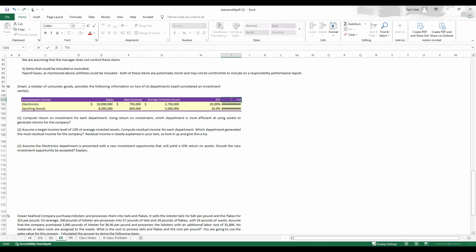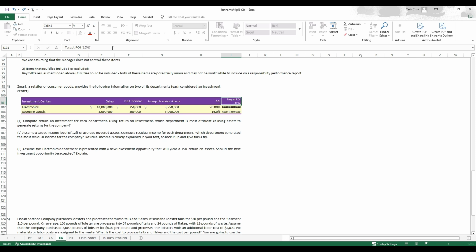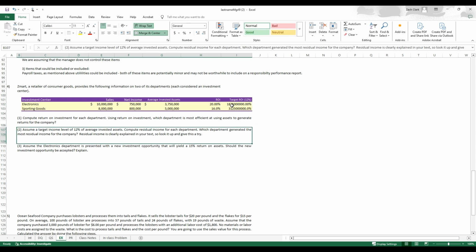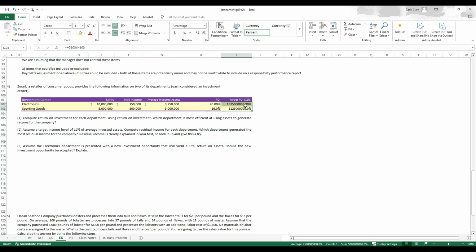So if we have a target ROI of, remember it says down here, 12%, let's try to kind of just back into what we would need. So a target income at 12%.